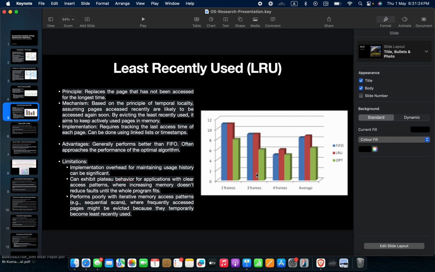This approach generally performs better than FIFO and often approaches the performance of the theoretical optimal algorithm. However, LRU has its own limitations. The overhead of maintaining usage history can be significant. It can also exhibit a plateau behavior with certain applications, where increasing memory does not reduce faults until the entire working set fits.